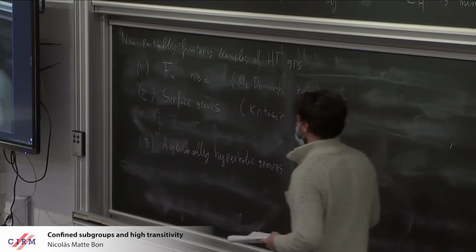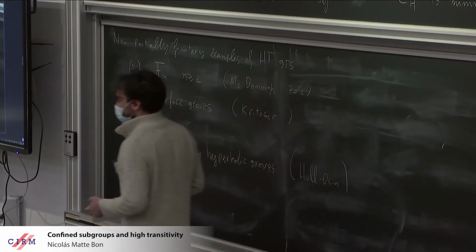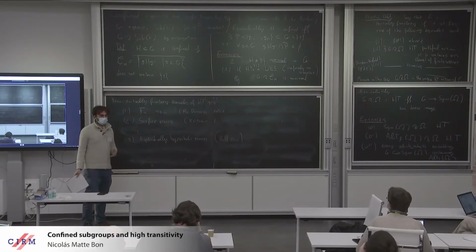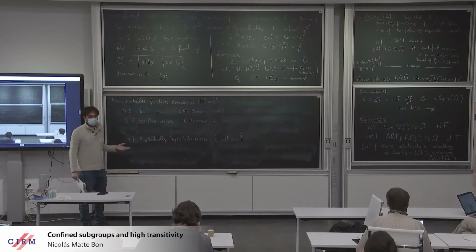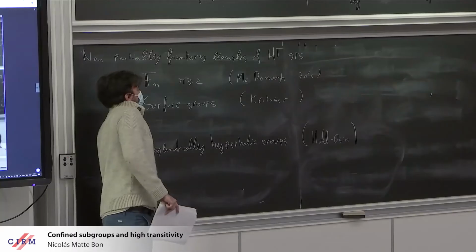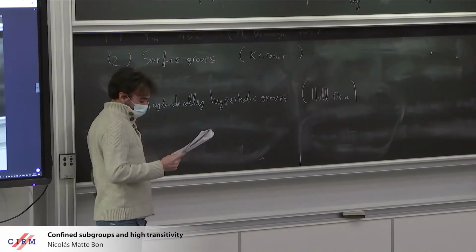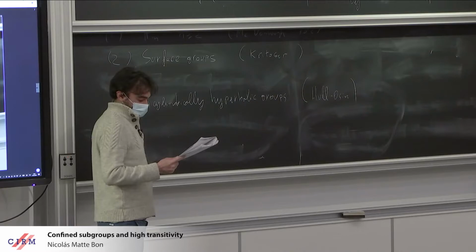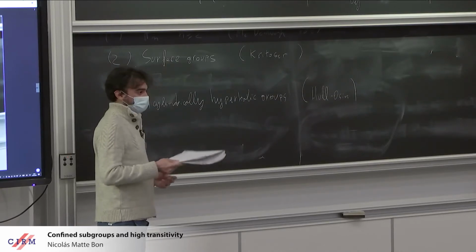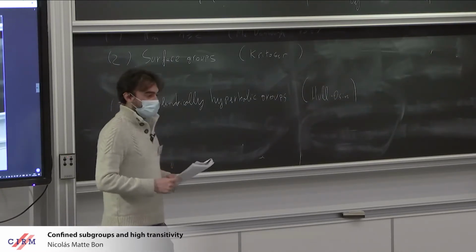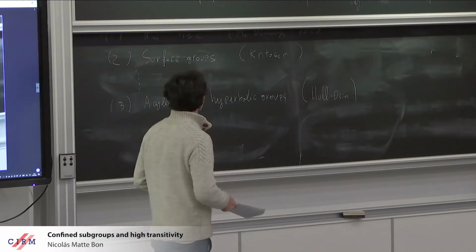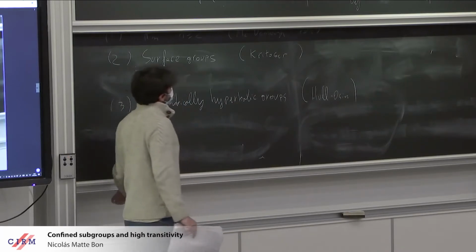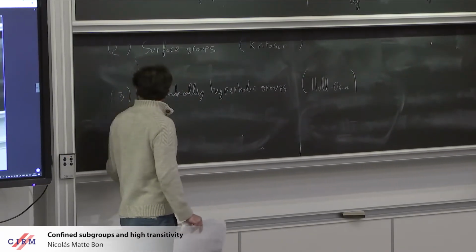I won't give the definition of an acylindrically hyperbolic group, but it's just a generalization of the notion of hyperbolic group that covers really a lot of examples, including hyperbolic groups, mapping class groups, and so on. There are more results for groups acting on trees, for instance, due to Pierre Fima, François Le Maître, Kyung Moon, and Yves Stalder, and for subgroups of SL2, whatever.